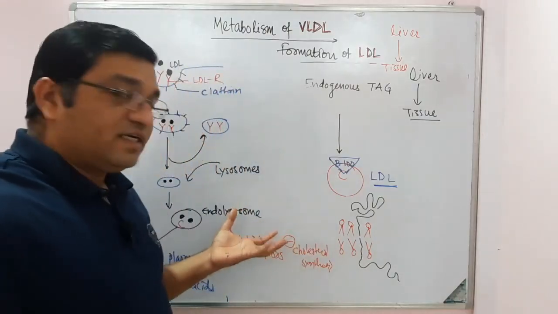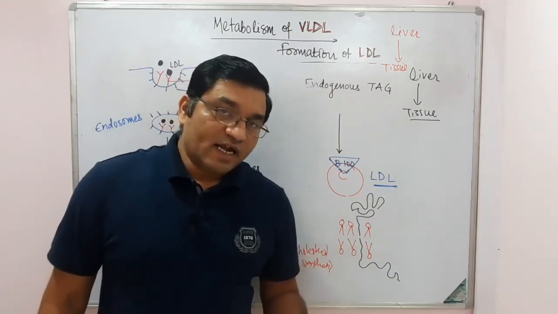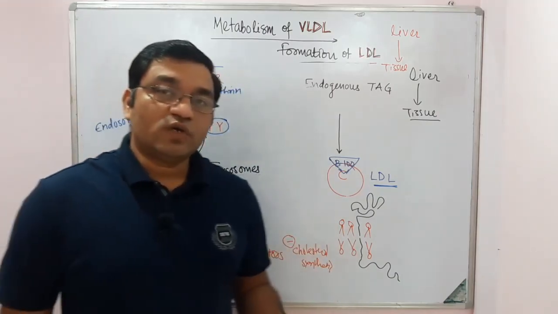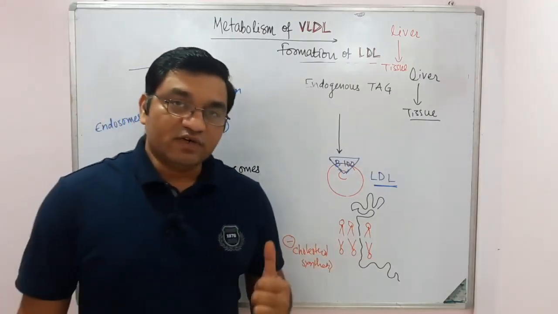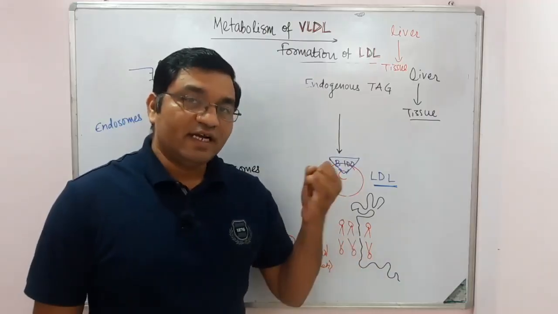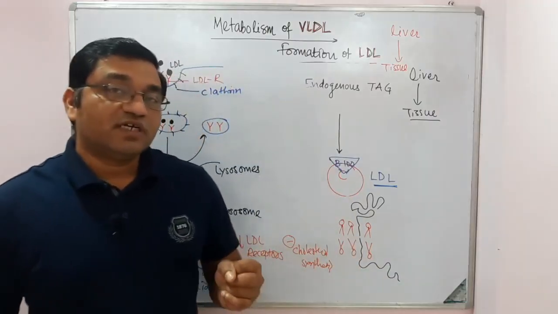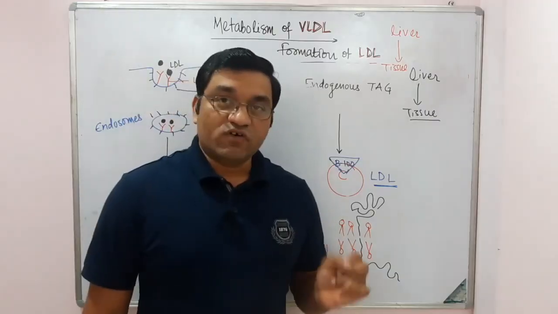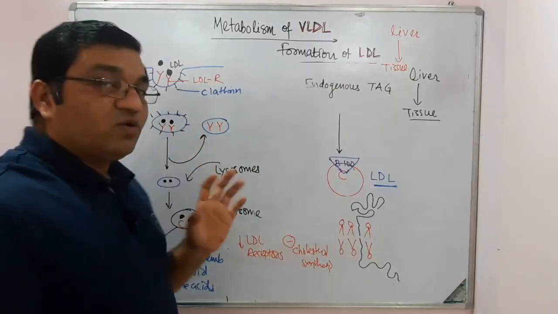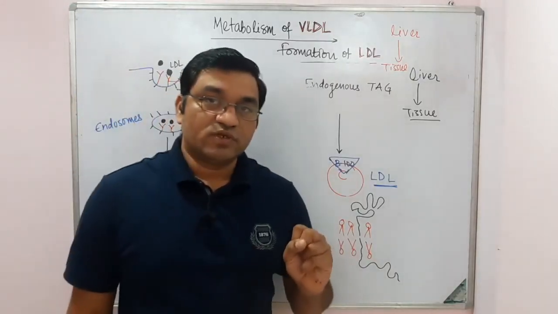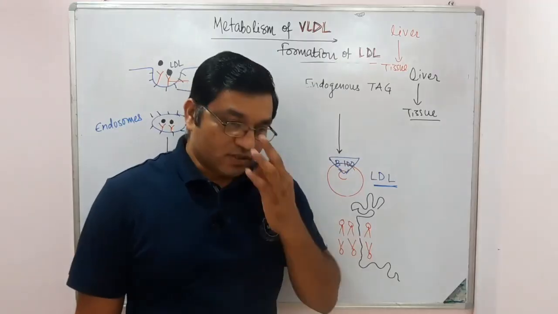It is mainly taken up by the adrenal gland, adipose tissue, and mainly by the liver, where it is metabolized. It is absorbed with the help of LDL receptors, which require ApoB100 for uptake. So it is a regulatory process.